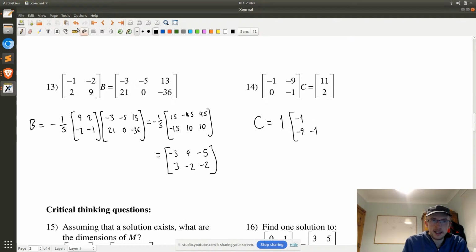And negate. Careful. Nearly slipped there. And 11 and 2. And multiply out. So -11 plus 18. Well, that's 7. And that's -2. And check.